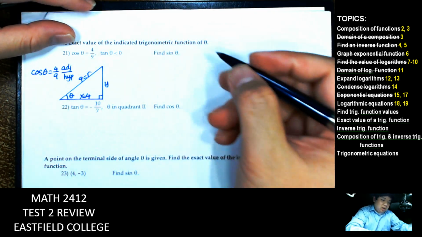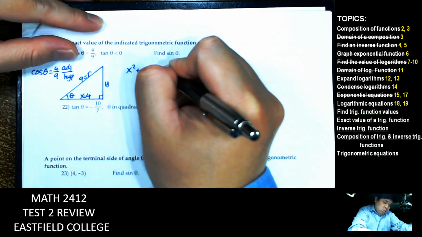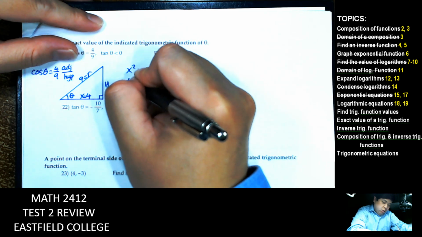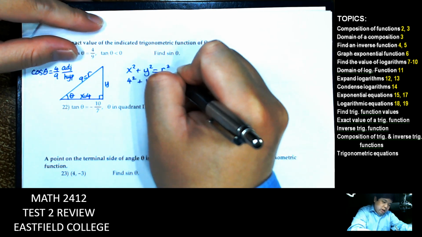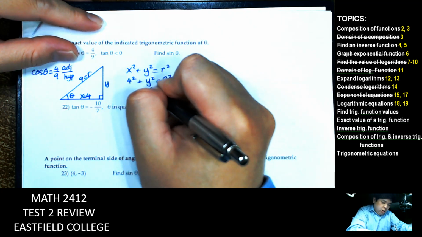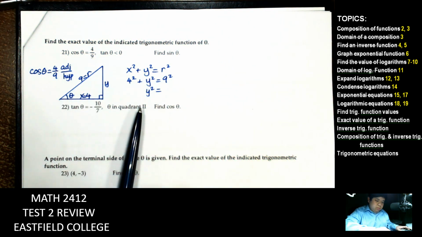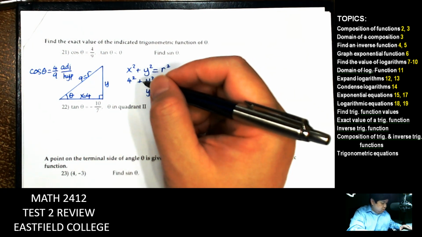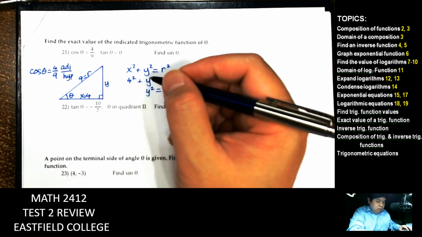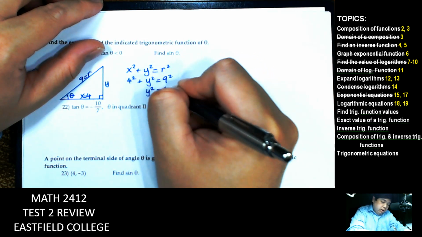Need to find the missing length. So we have x squared plus y squared equal to r squared. 4 squared for x, y squared, r squared is 9 squared. So y squared equal to 81 minus 16, so 65.